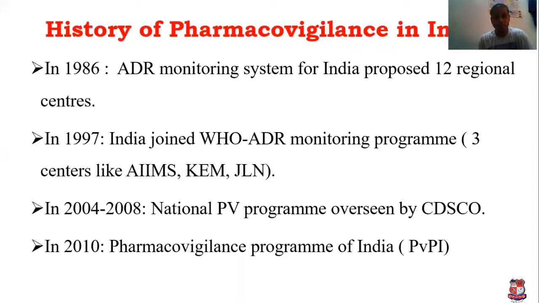Then 2004-2008, the National Pharmacovigilance Program was overseen by the CDSCO. And in 2010, finally, the Pharmacovigilance Program of India was launched by the government. So these are the history. We should know that it started in India in 1986, and finally in 2010 the Pharmacovigilance Program of India was implemented by the Indian government.